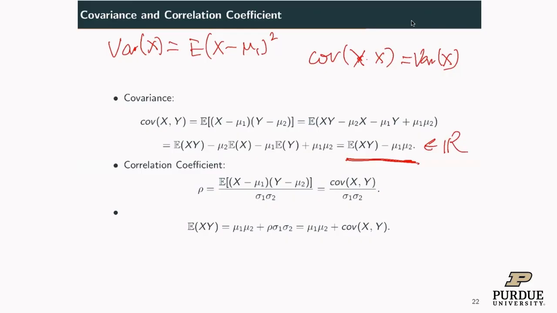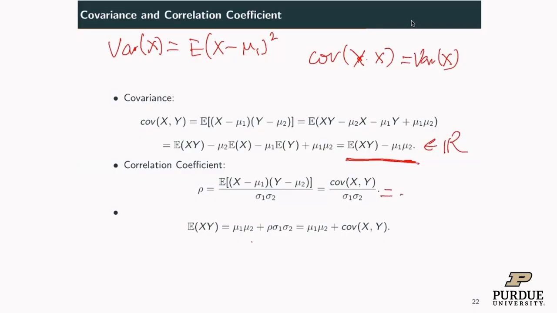Now I can do some standardized covariance. So that's the correlation coefficient. The notation is rho. The numerator is the covariance. The denominator is the product of the standard deviations, so it's the square root of the variances. Now I can do some algebra. So expected value of XY is mu1 mu2 plus rho sigma 1 sigma 2.